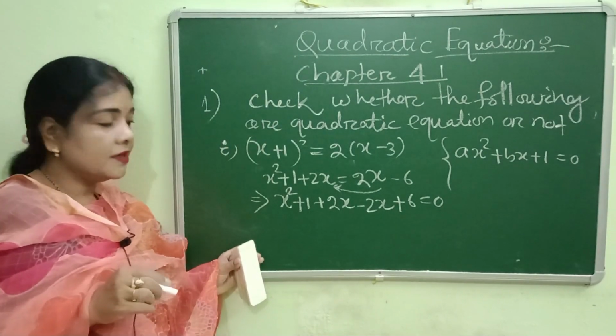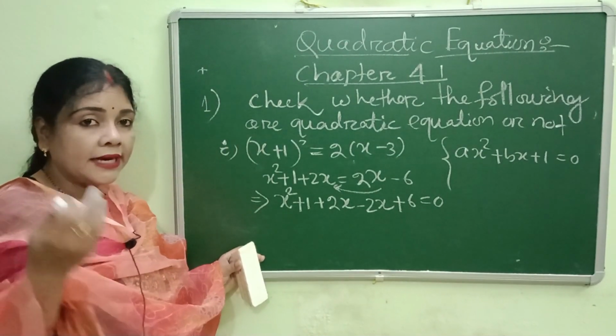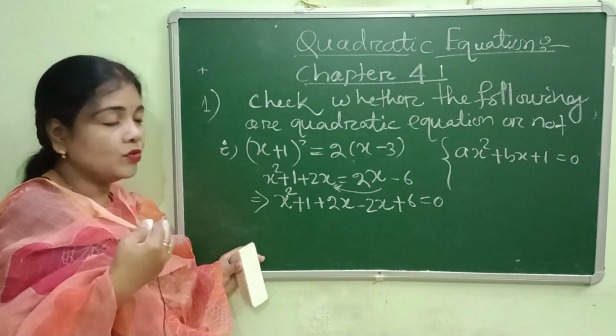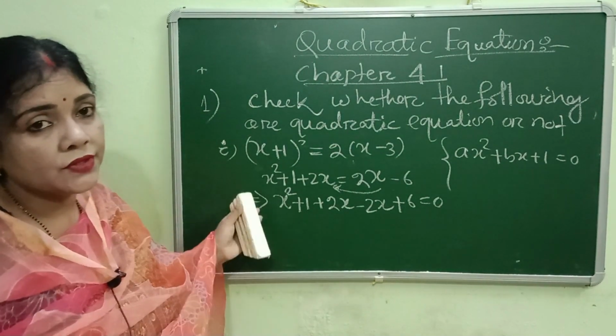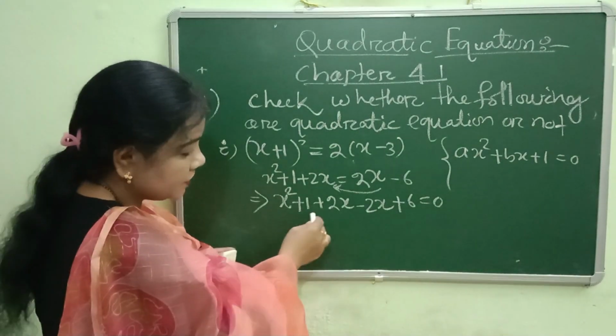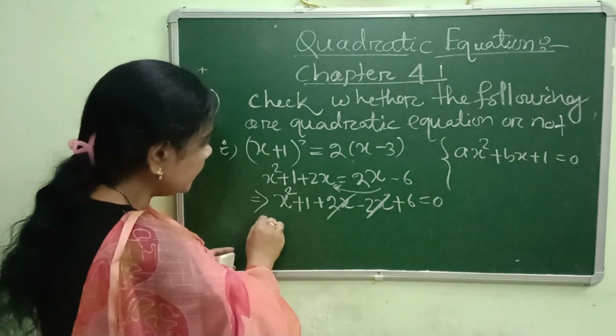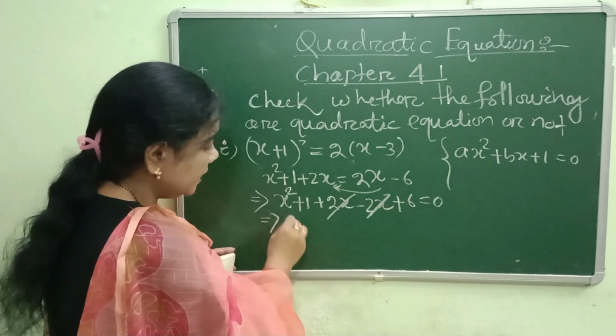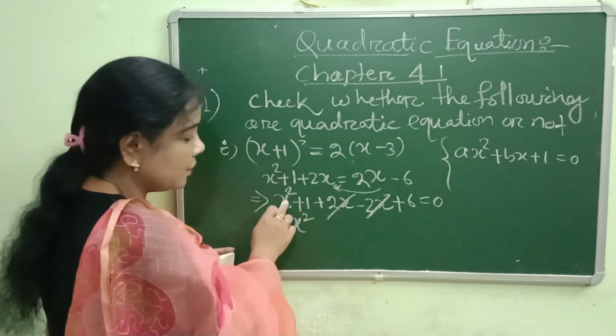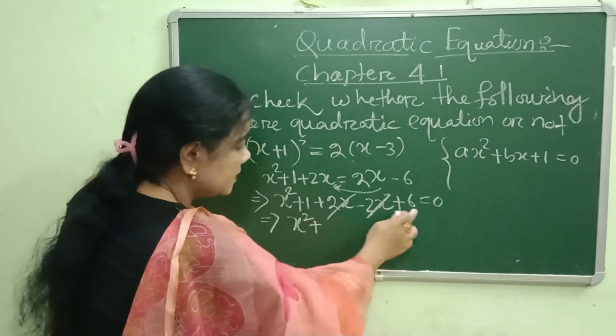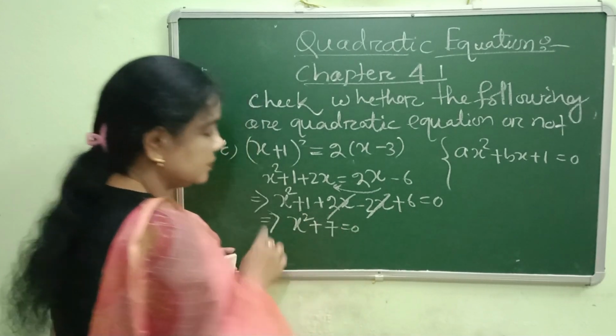You know it very well: whenever we take the right-hand terms to the left-hand side, the sign will be changed. Minus becomes plus and plus becomes minus. Now you see here 2x minus 2x cancel. The result will be x square plus 1 plus 6, that is 7, is equal to 0.